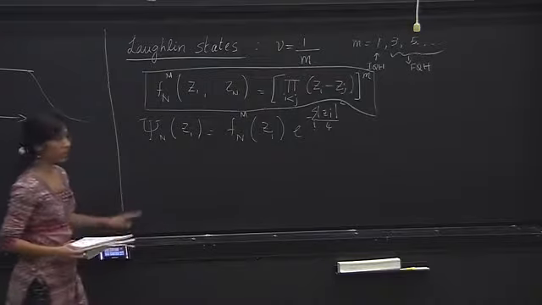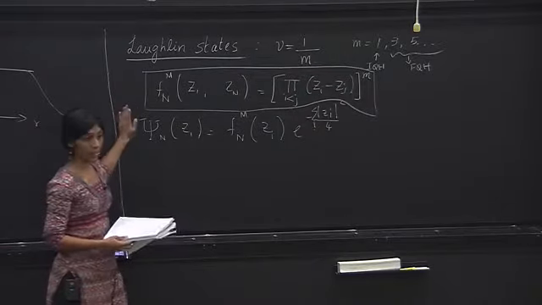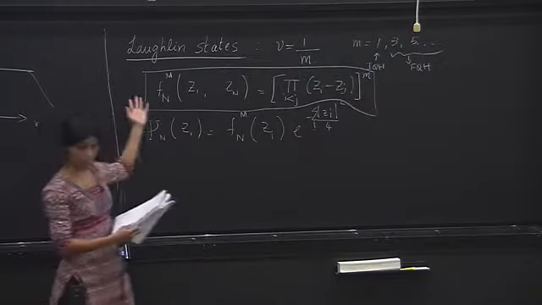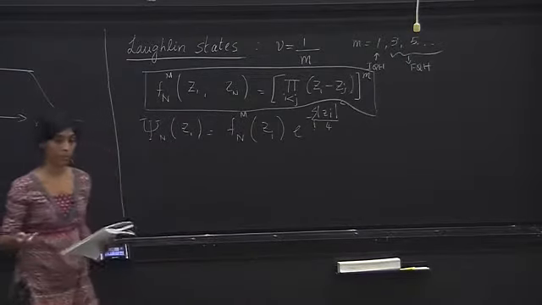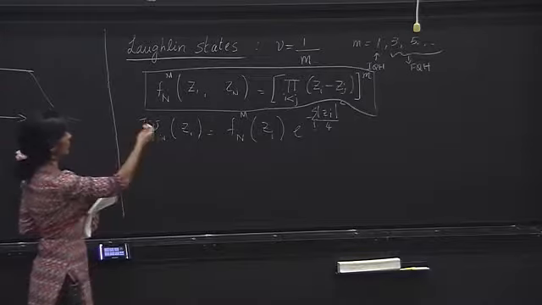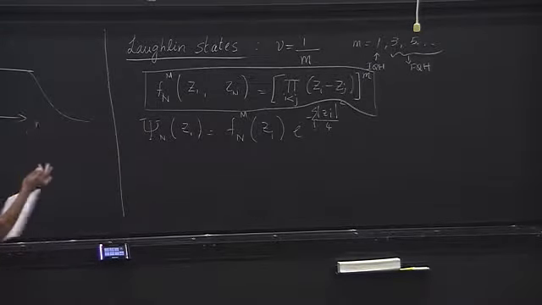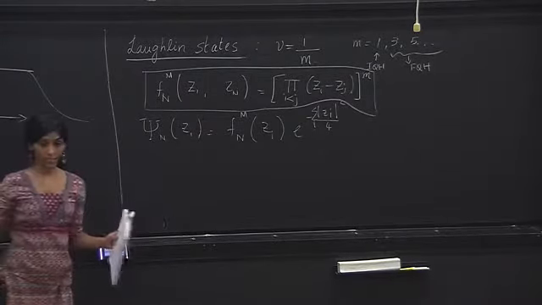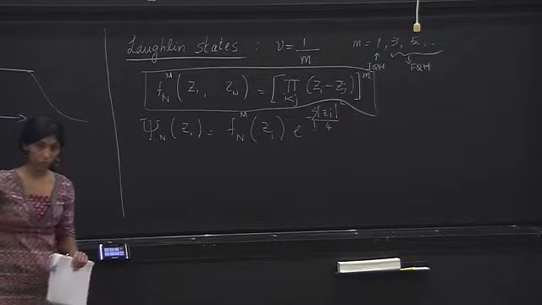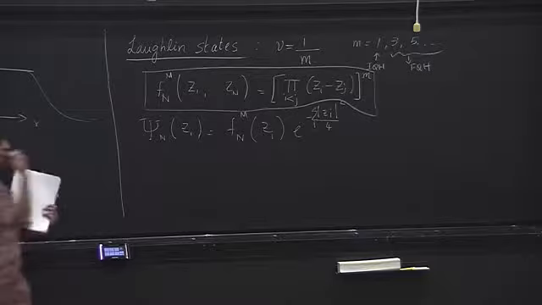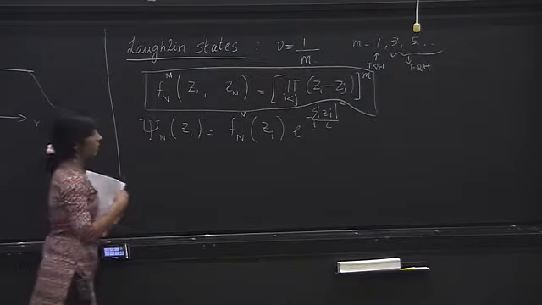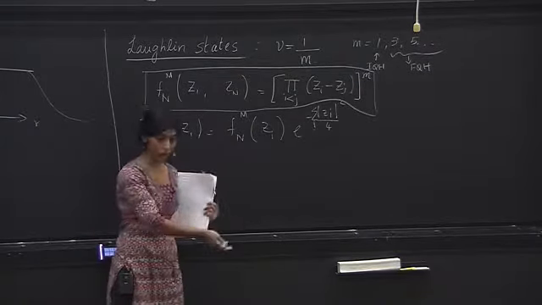Okay, so let's now go through and convince ourselves that this is the right answer. It has the right properties that Laughlin claims it has. For example, we need to check, is it a liquid state? We're trying to explain the quantum Hall states are liquid states in that their density is uniform up to when you reach the edge, right? So we need to first show that this has a uniform density. Then we need to show that its sigma xx is 0.